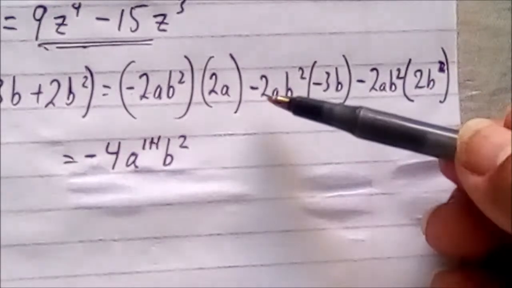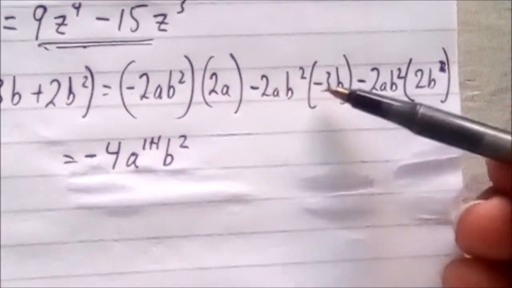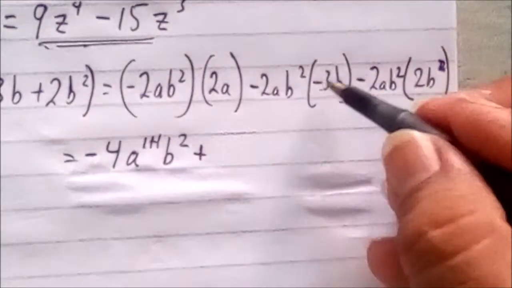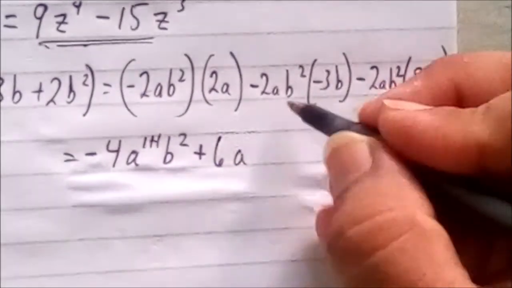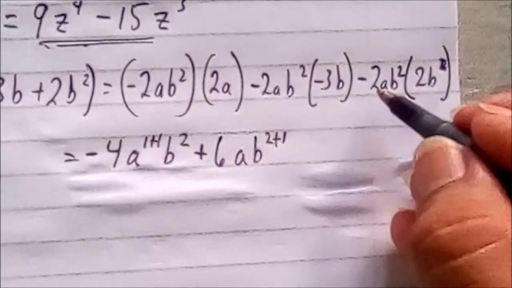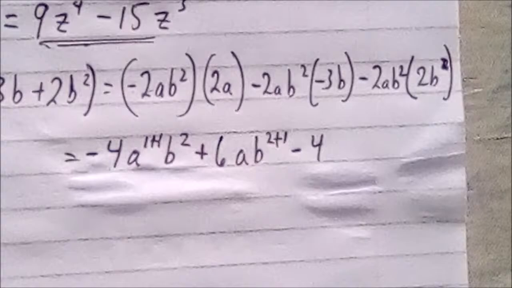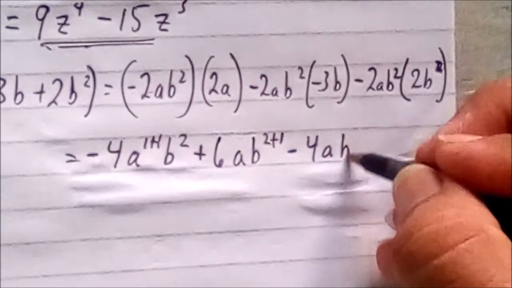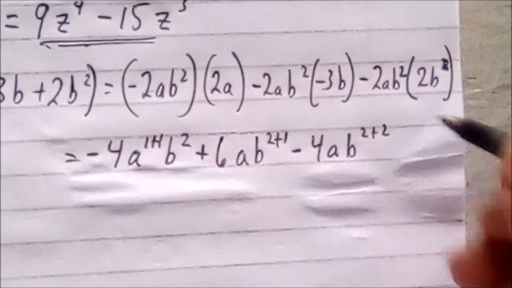So a negative 2ab squared times a negative 3b, a negative times a negative will give us a positive, and 2 times 3 will give us 6. A to the first, b squared plus 1, b, and the negative times a positive will give us a negative 4, and then we end up with a, and put here b squared plus b, which is the plus 2, I mean.